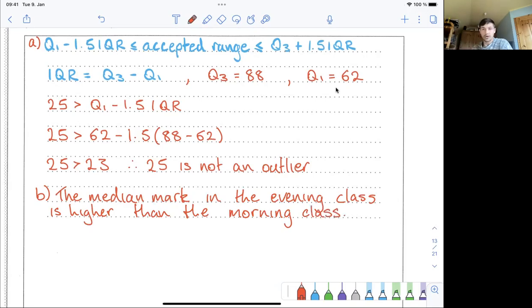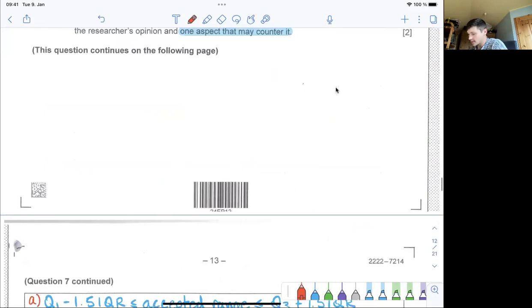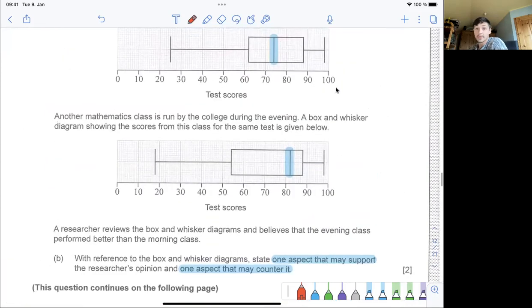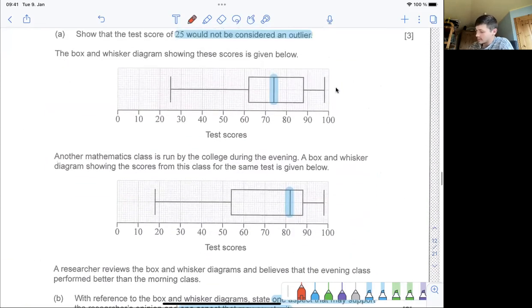Okay, so there is our one aspect that supports the researcher's claim, and now the one aspect that I'm going to use to counter it is that the lowest mark in the morning class is higher than the lowest mark in the evening class.